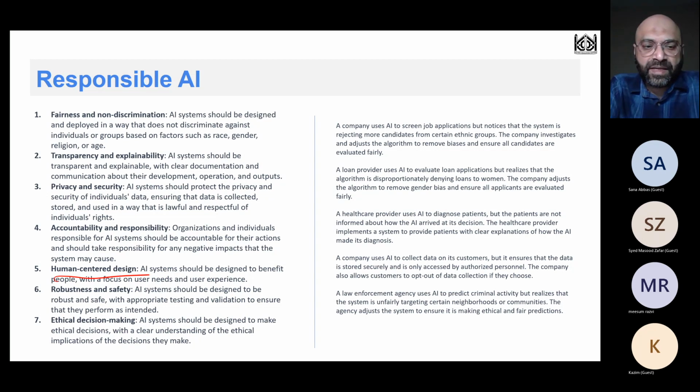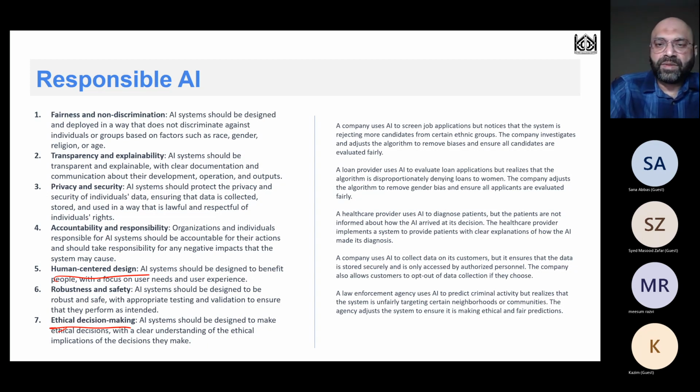AI systems should be designed to benefit people, with a focus on user needs and user experience. So the benefit to the people is of greater importance. And then ethical decision making: AI should be designed to make ethical decisions with a clear understanding of what the implications are if the decision goes wrong.